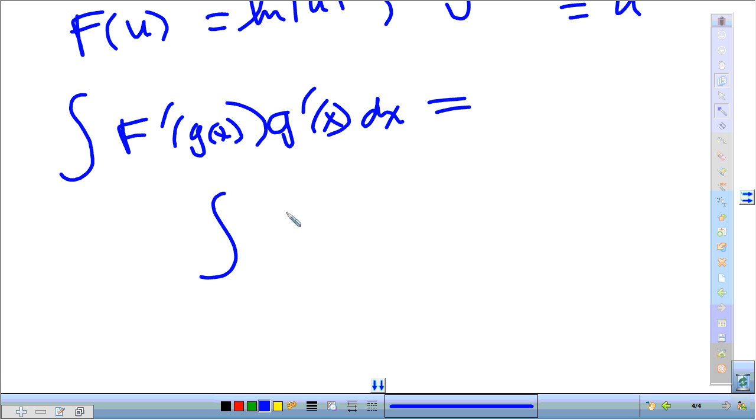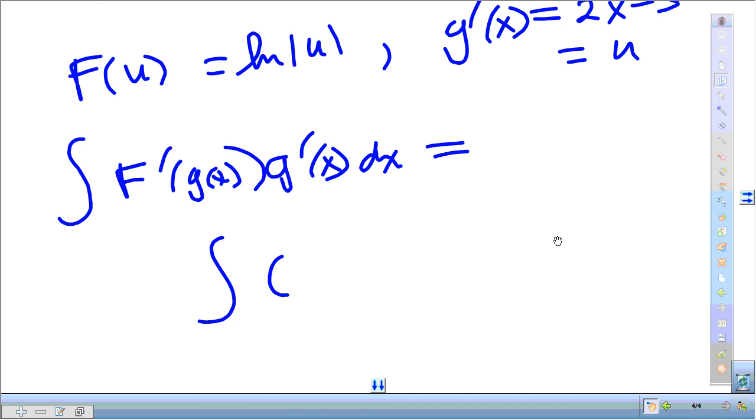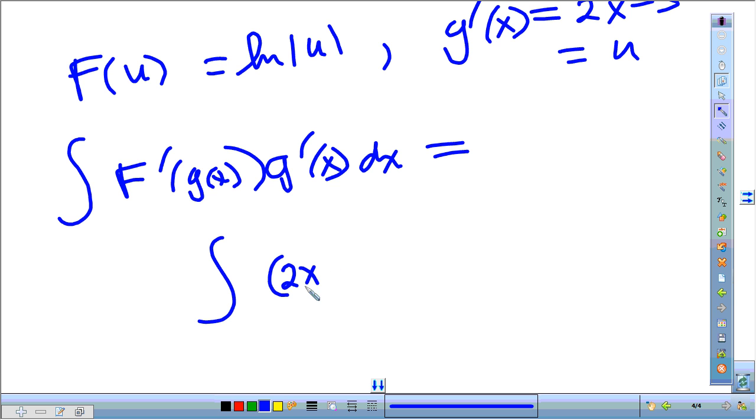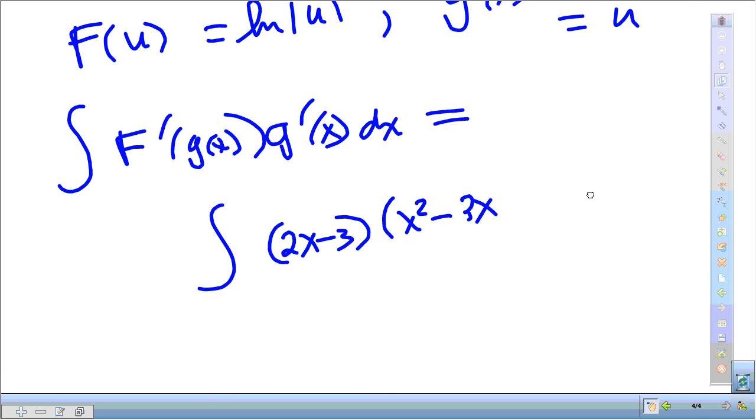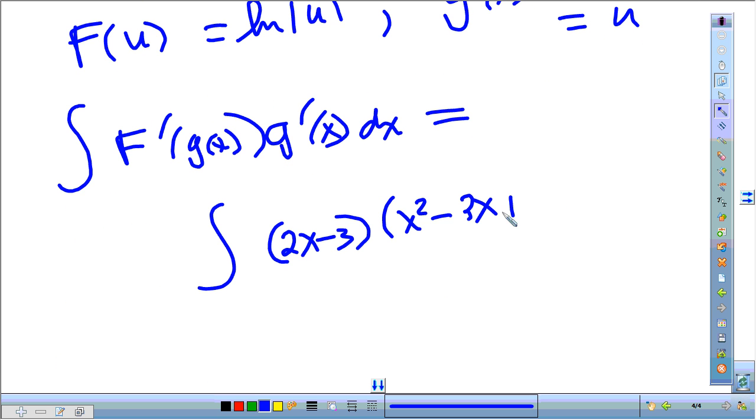I would have the integral, the g prime is 2x minus 3. And f prime of g of x is the x squared minus 3x, there was also plus 8, with an exponent of -1.